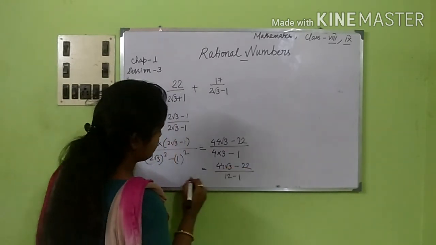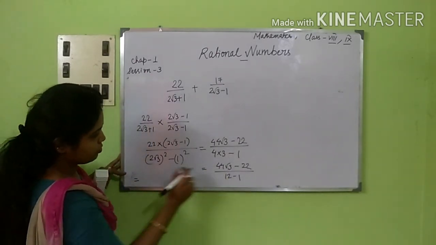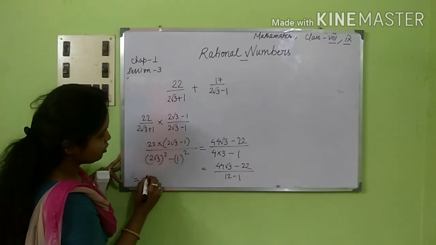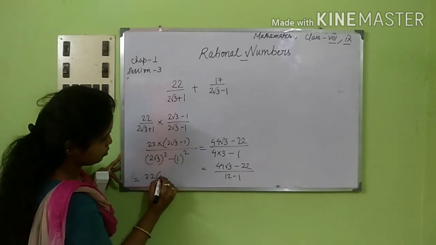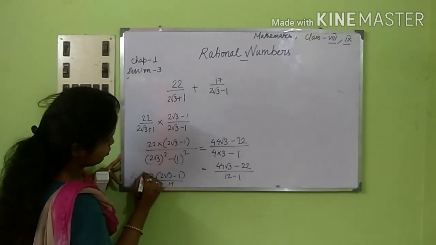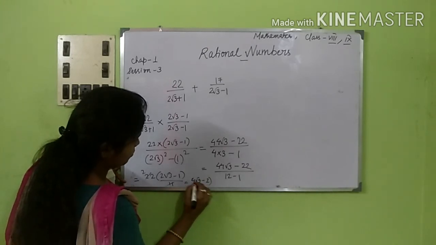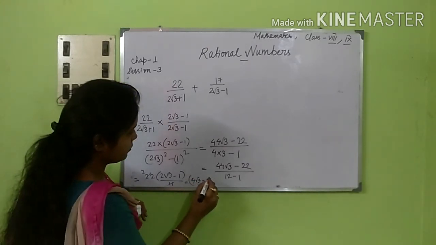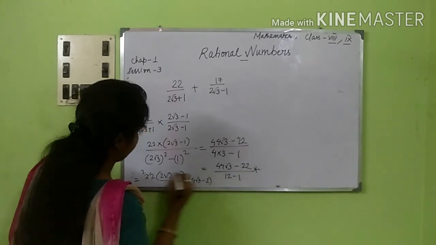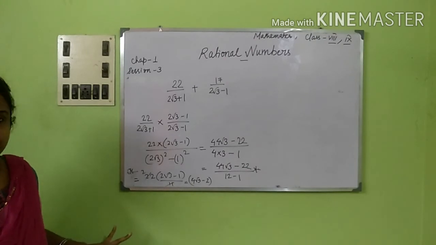I'm writing this on this side so you can understand. This 22 you can also keep outside, so that it is going to cut with 2. You are going to get 4 root 3 minus 2. This is the answer. I think from this you can understand.